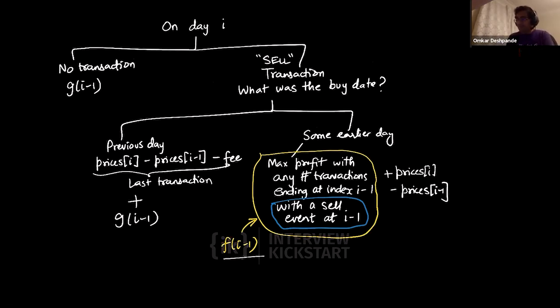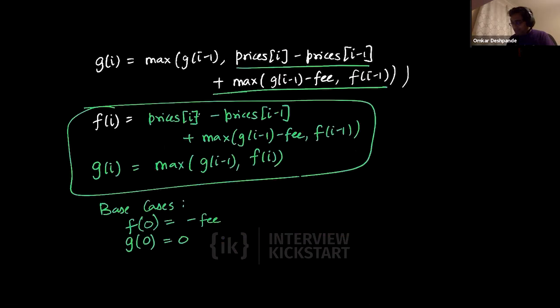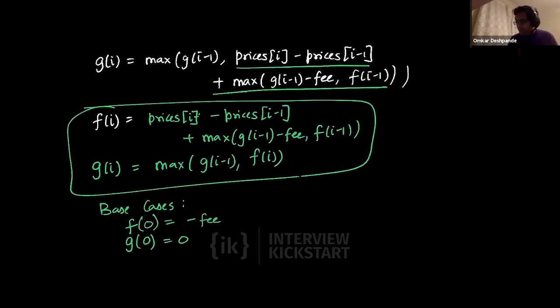Somebody has to pay the fee for that transaction whenever it started, and whoever ended it first should pay the fee, and that happens at index 0. So this is the tricky part. Once this is settled, then what you need to do is just create tables again.